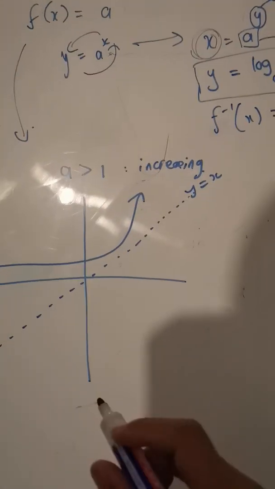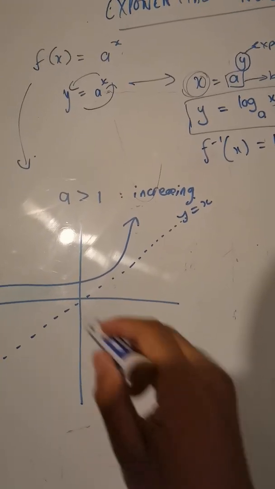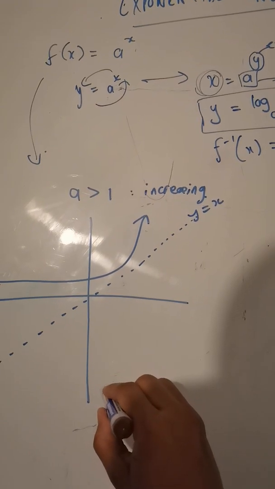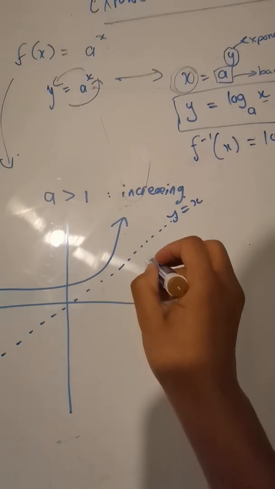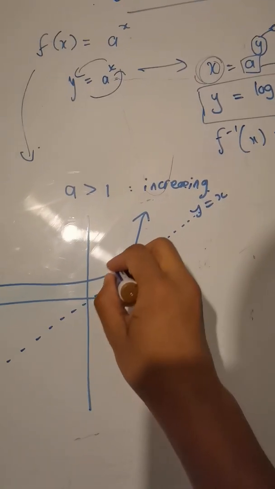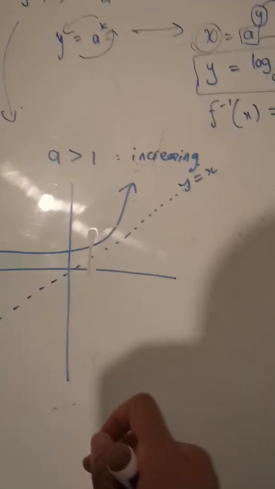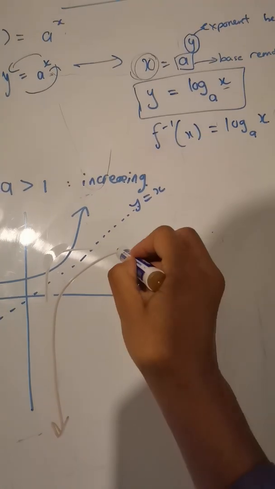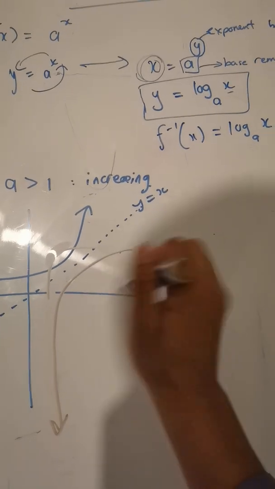The inverse of that graph will basically look like this. Then you flip it around and it's most likely to look like that. Not too accurate, but let's say like that.